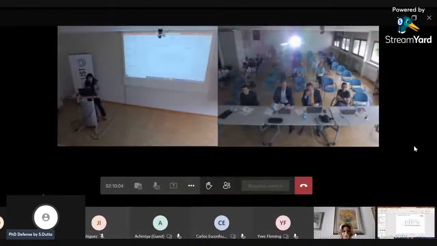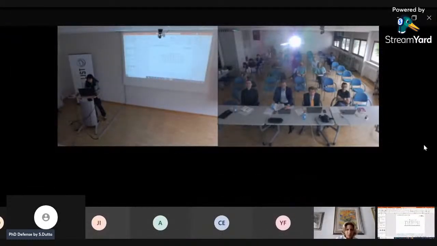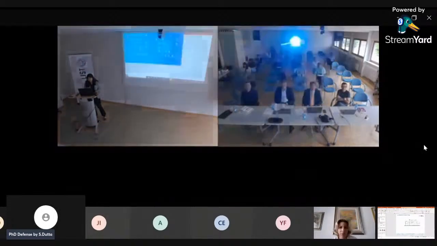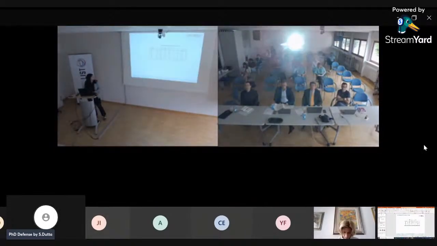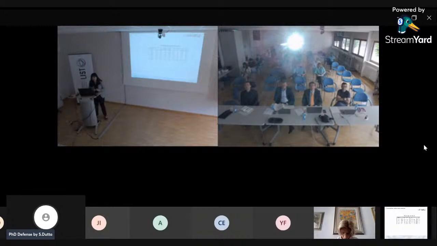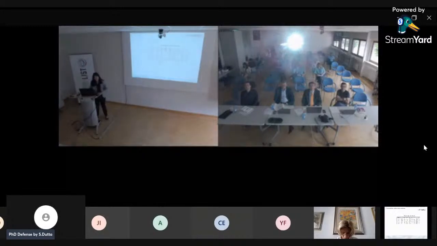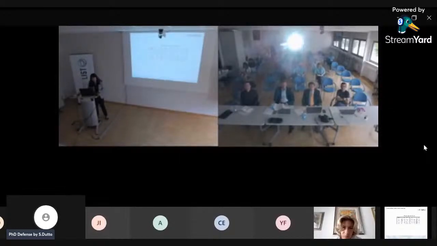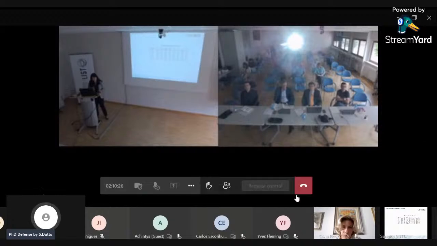So for example, this is the case when I doped 25%. And we can see that the lattice parameters are changing compared to the pure system.